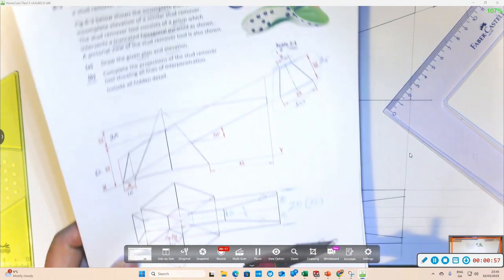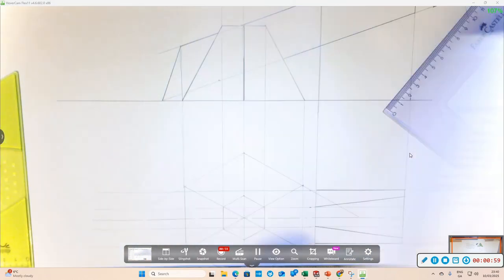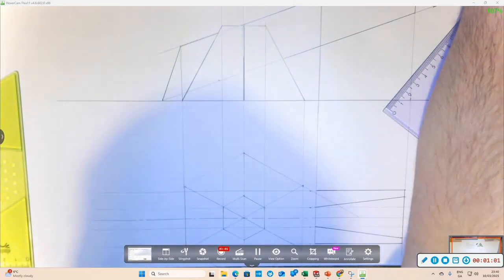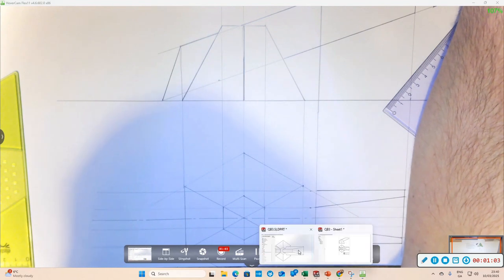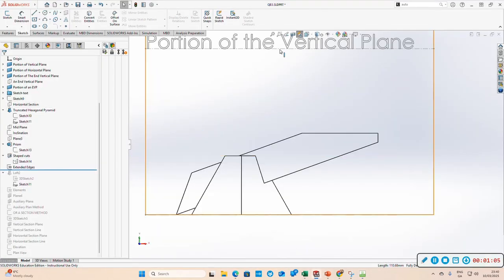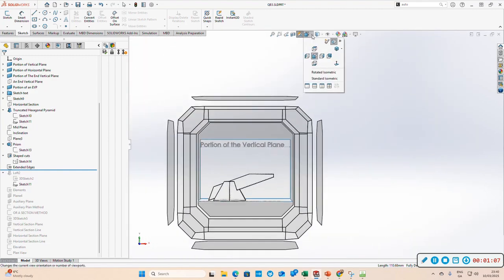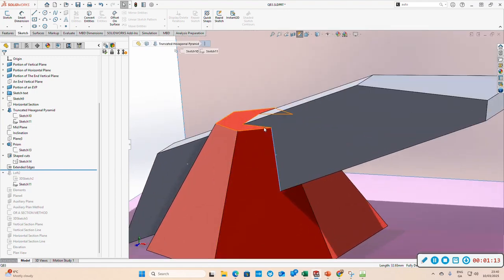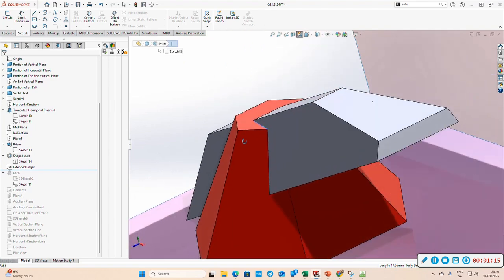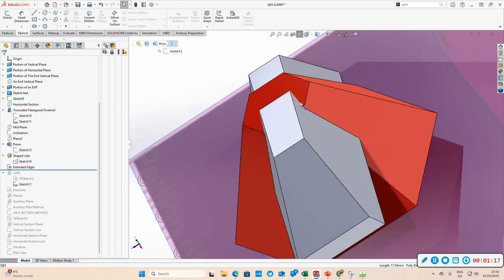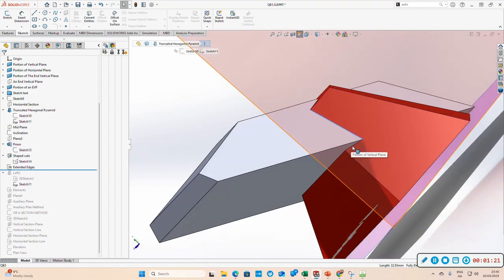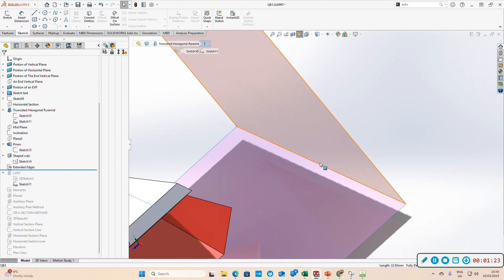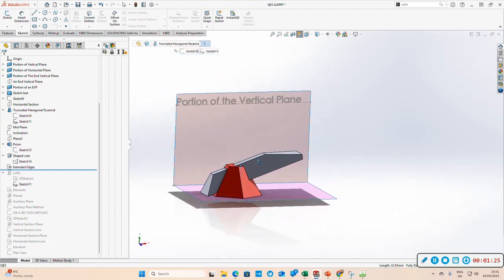We'll have a look at this in 3D. So we're looking for these lines here where the grey meets the red, both sides, and some of them will be hidden detail in the different views.